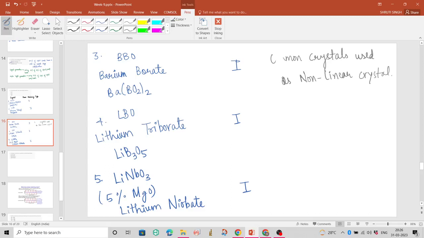Because we have seen that not all crystals can give nonlinear optics, the crystal should have a high Chi2 susceptibility, that is, a high second order susceptibility, and should be non-centrosymmetric.